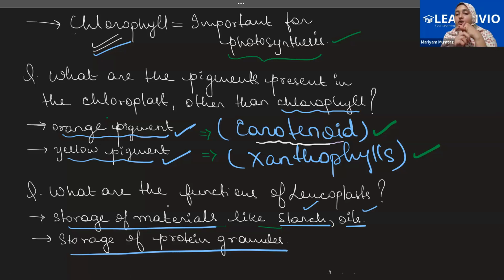So carotenoid, xanthophyll, chlorophyll. These are the major pigments that are found in the plants. Out of these three, chlorophyll will be the highest in number because plants need to do photosynthesis. And we have seen that almost all the plants are green in color, right? So why are they green? Because they have chlorophyll.